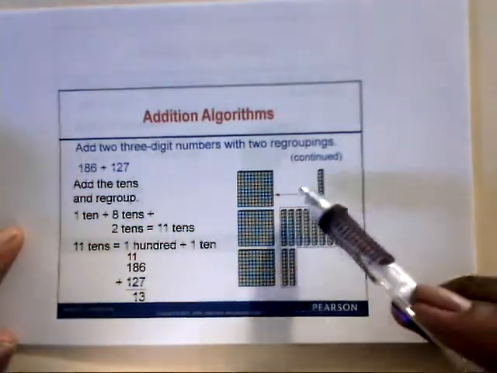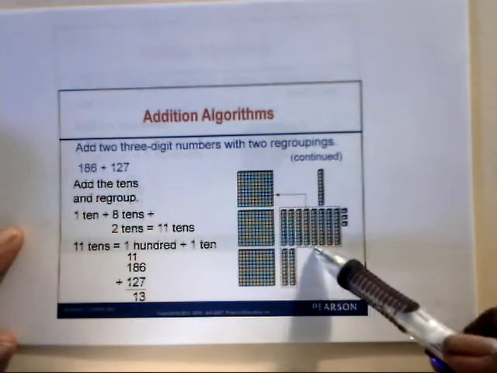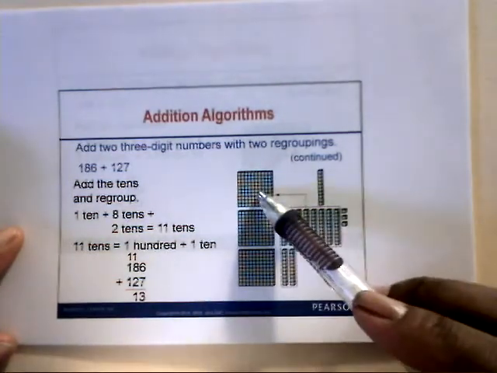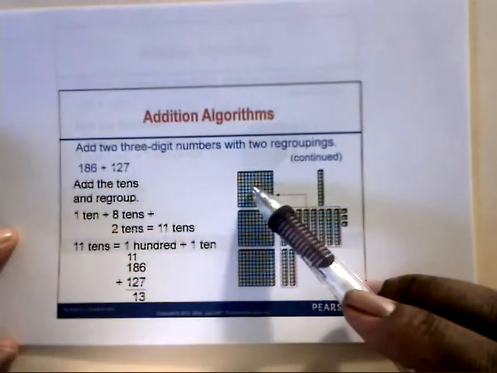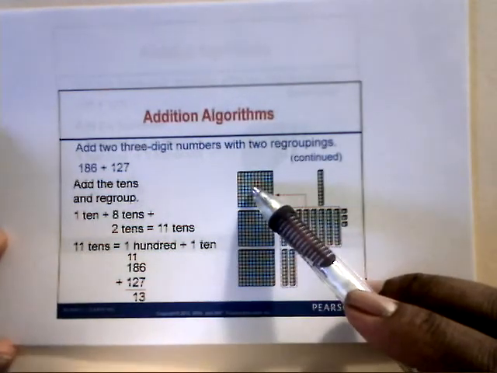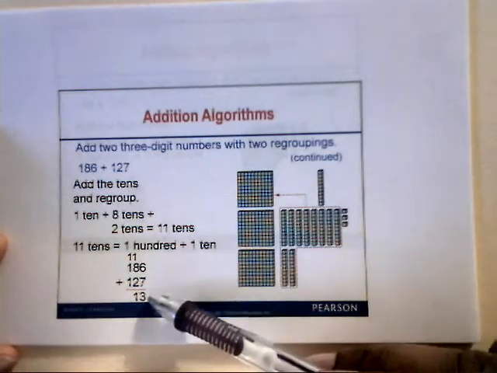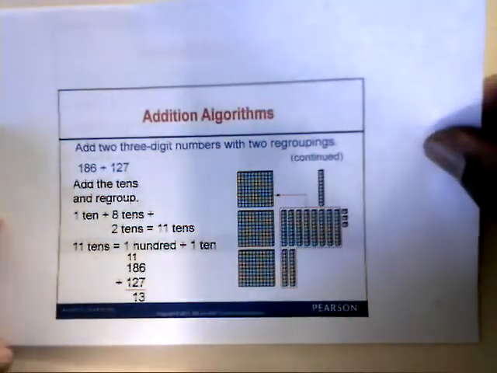I'm sorry, that's going to be 11 10s. Regroup this by trading 10 of these longs for 1 flat. Okay, so 10 longs make up a flat. And that's the same as writing down the 1 and carrying the 1 in the hundreds place.